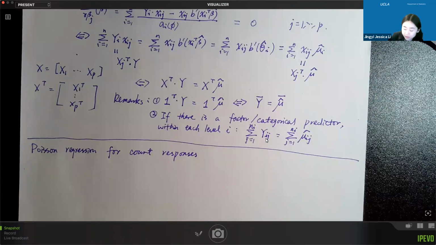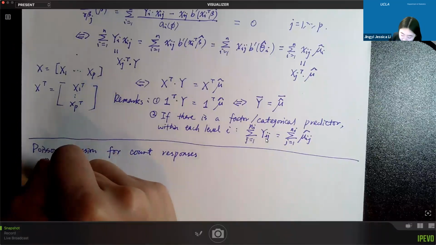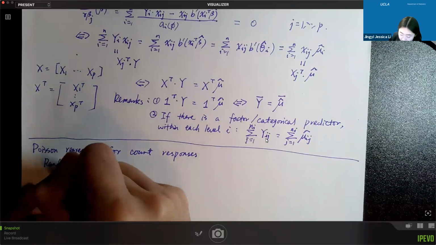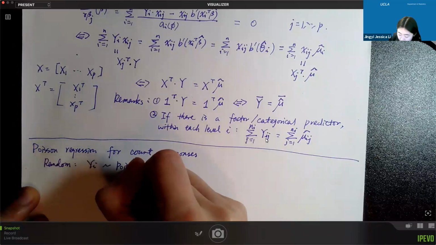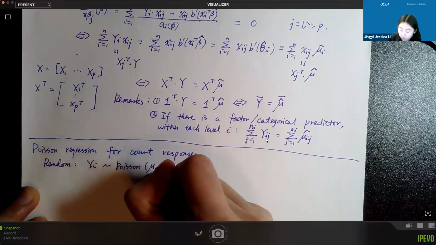That's for group data. But for the Poisson regression, we don't know there's an upper bound. For each yi, we only know it's a non-negative count, but there's no upper bound on how large yi could be. Here the random structure is that yi follows Poisson(mu_i).